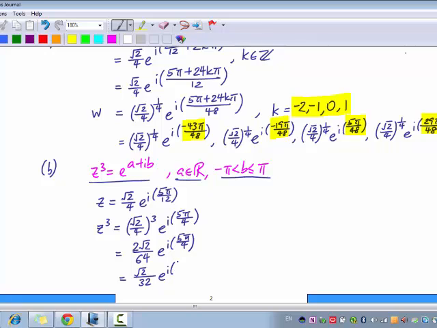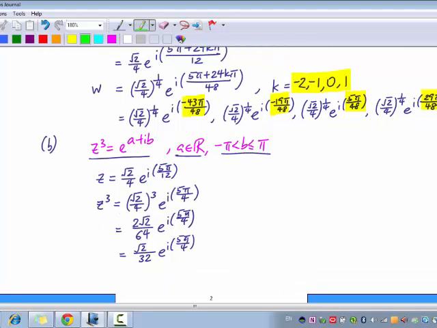In order to rewrite this number as e to the power something, we need to be able to rewrite root 2 over 32.